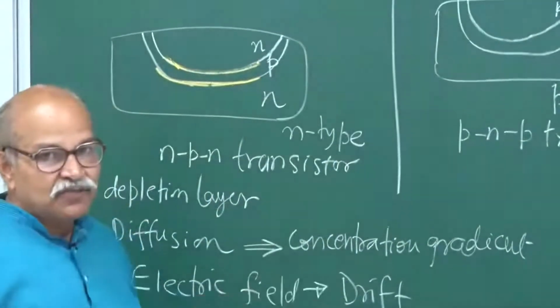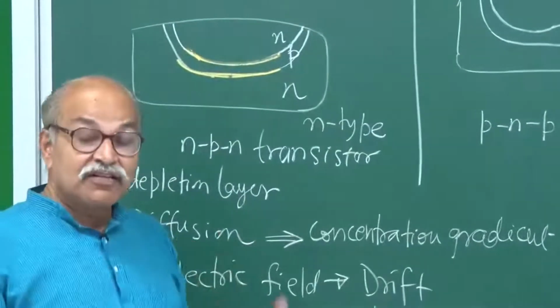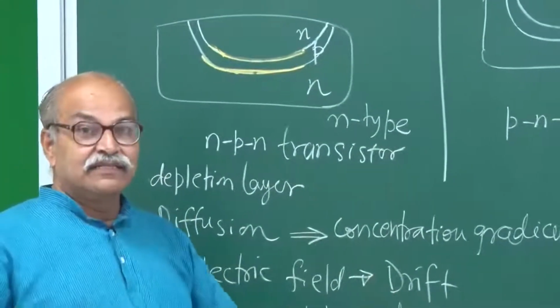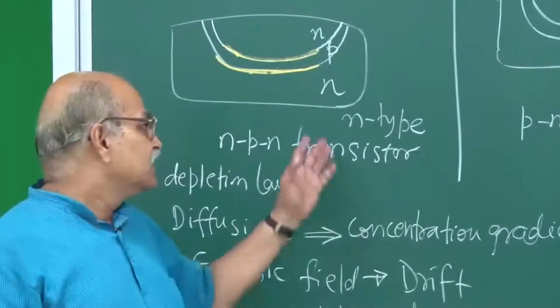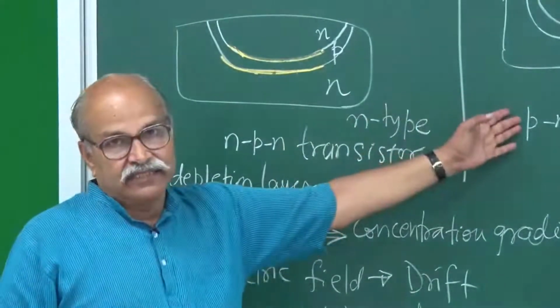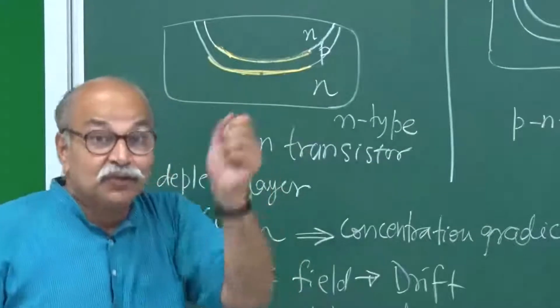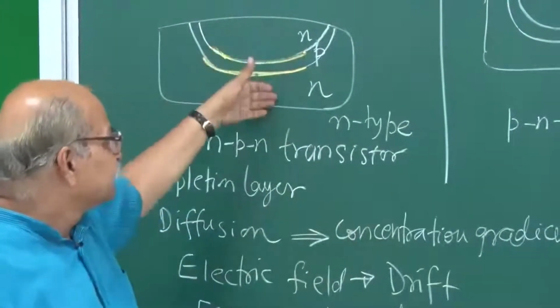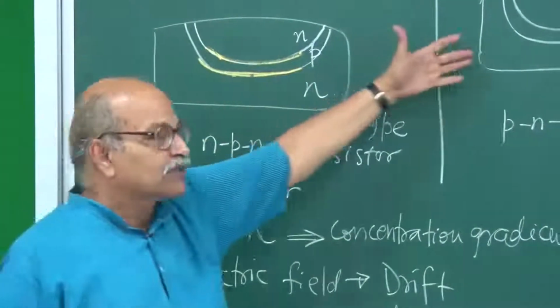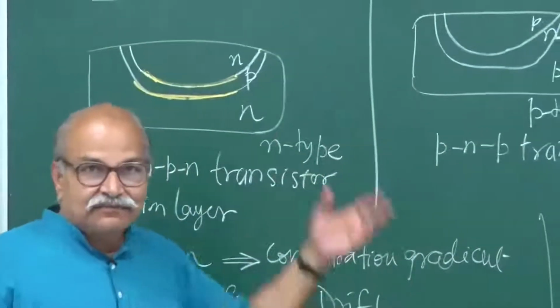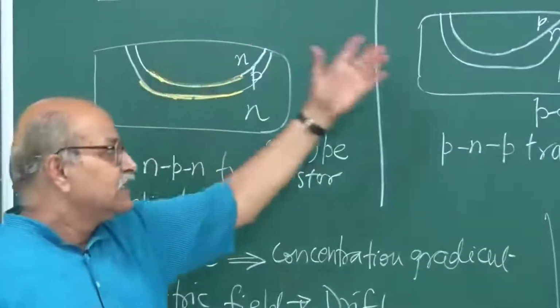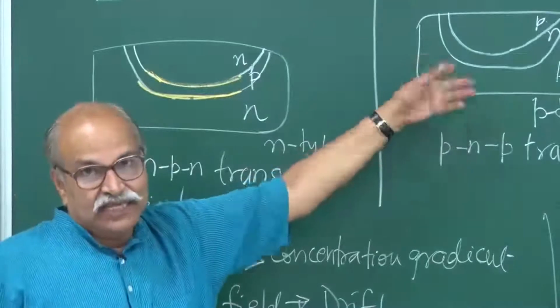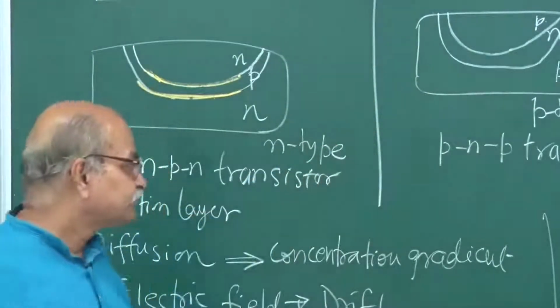And if you talk in terms of majority carrier, minority carrier, the same language can be used for this and for this. But if you use electrons and holes, then of course the language will be different. What you call electron in this case you will be calling holes, and vice versa, and so on.